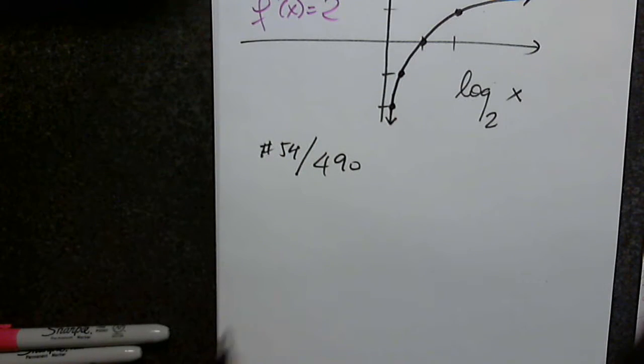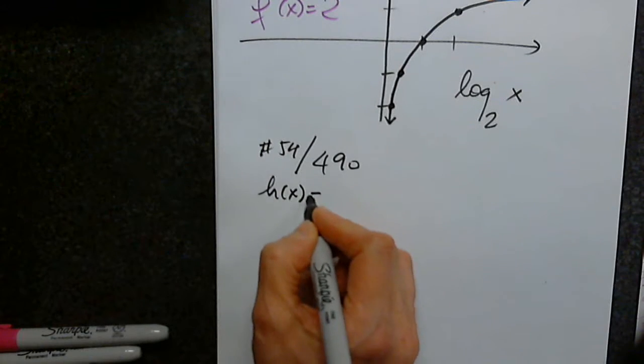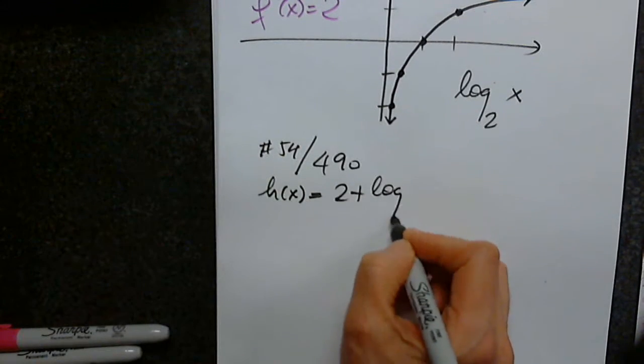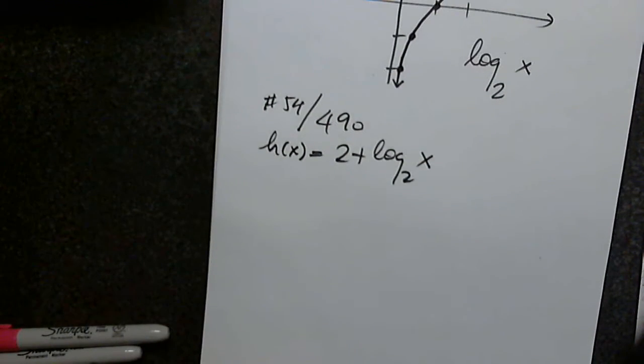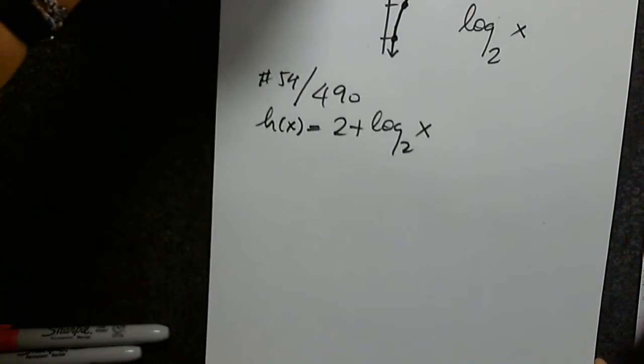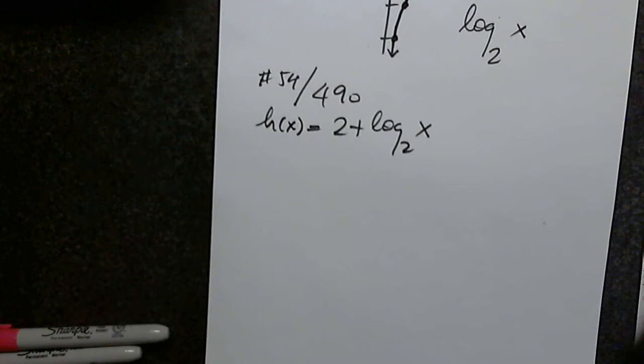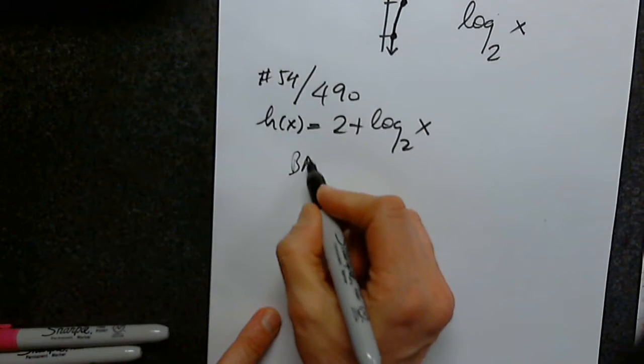In 54, we are given h of x, 2 plus log base 2 of x. They want us to use transformations on this function. Which is the base function used to create this one? Log base 2 of x. Very good, awesome.